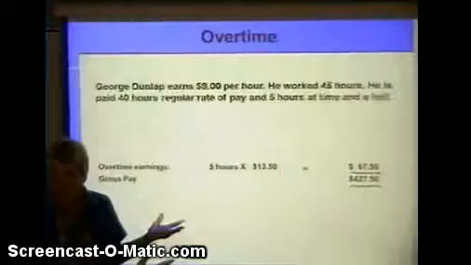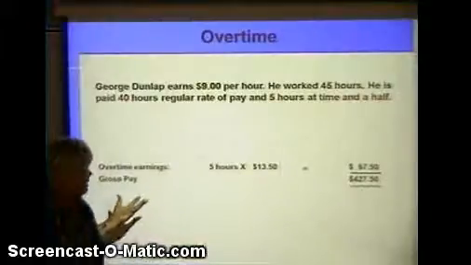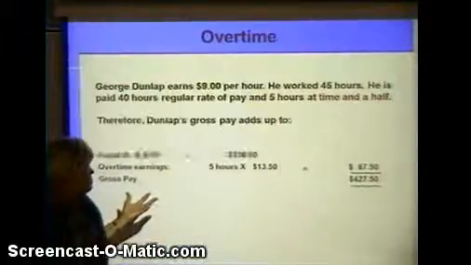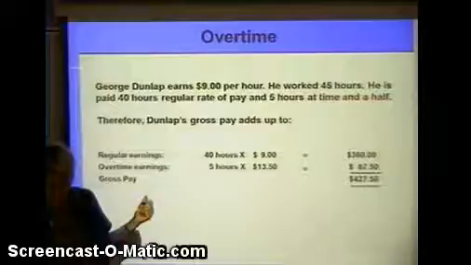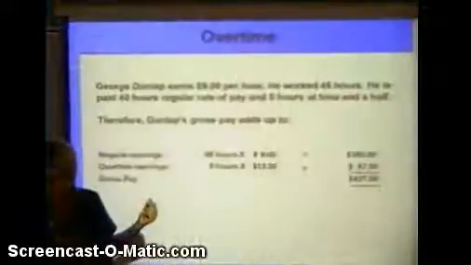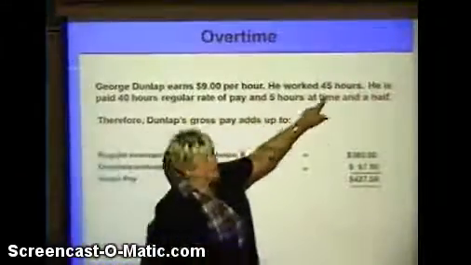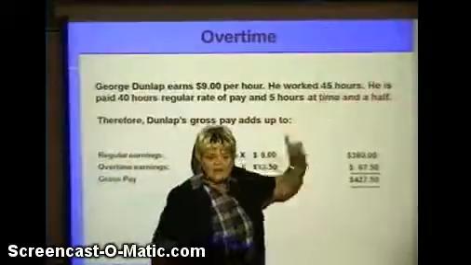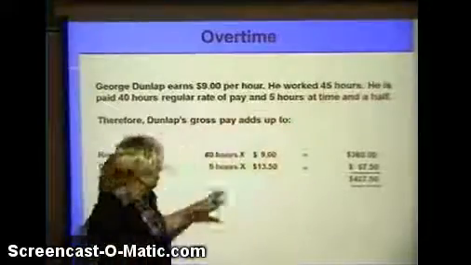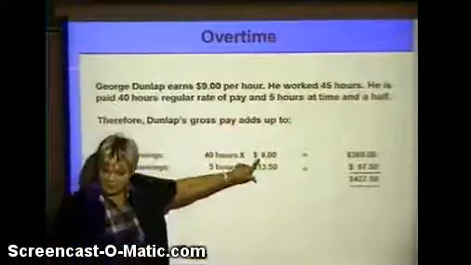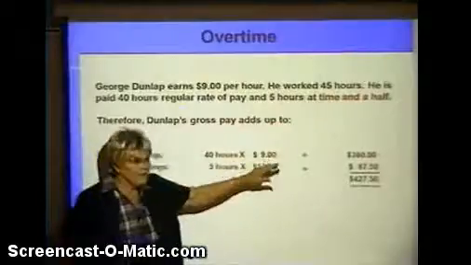Okay. Now, if they happen to work more than 40 hours, say, if he works 45 hours, let's say, then what happens is you take the first 40 hours times the regular rate, right? Come up with an amount.